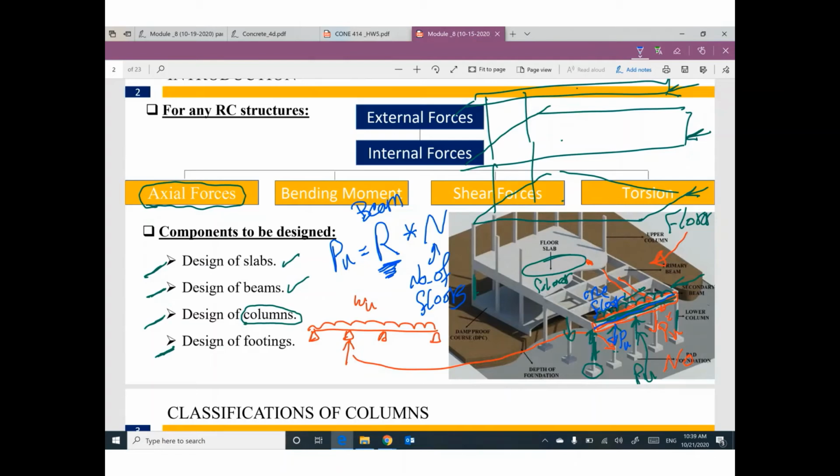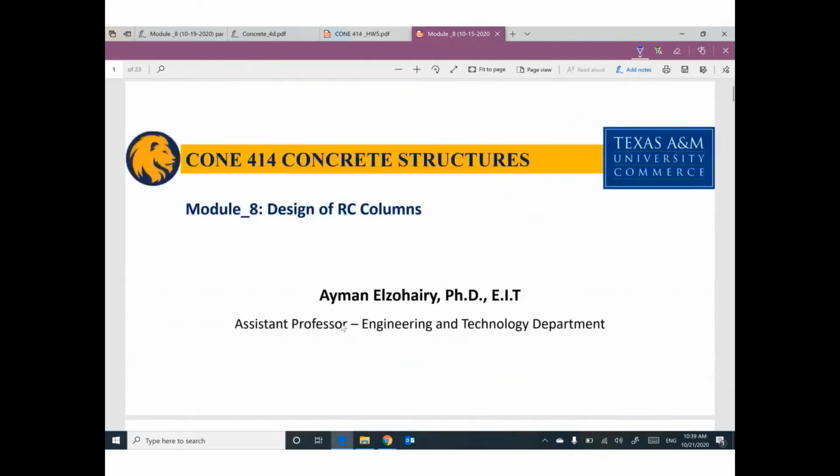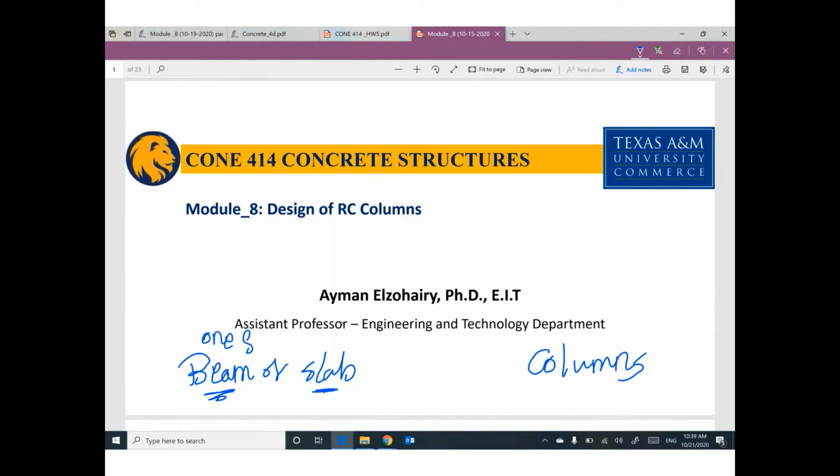We have a big difference here between the design of a beam or slab and the design of columns. For a beam or slab, we are talking about loads from one floor only. If you are sitting on the floor right now, your load goes to this floor only. No relationship between your weight and the floor upstairs.